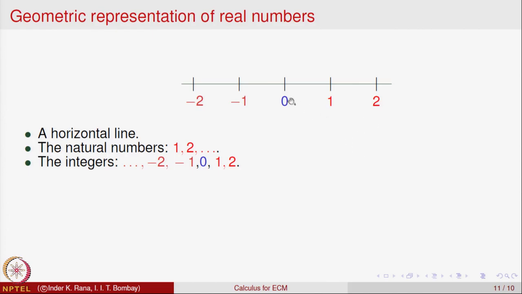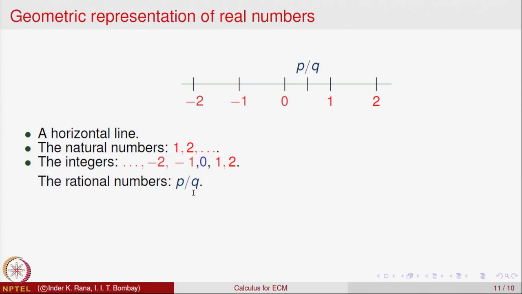You could have started with 0 also, mark a point and call it 0, equidistant points on the right side call 1, 2, 3 and so on, on the left equidistant points called -1, -2, -3 and so on. So, integers have been given some position on the number line. Next, let us look at fractions which are rational numbers.